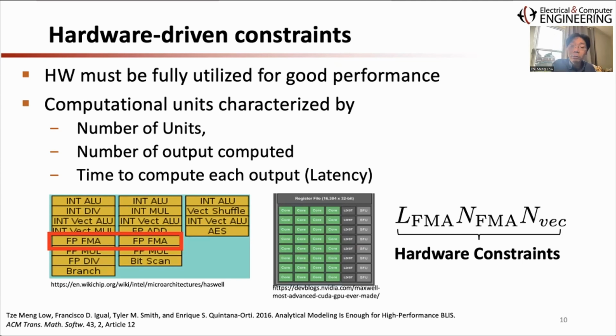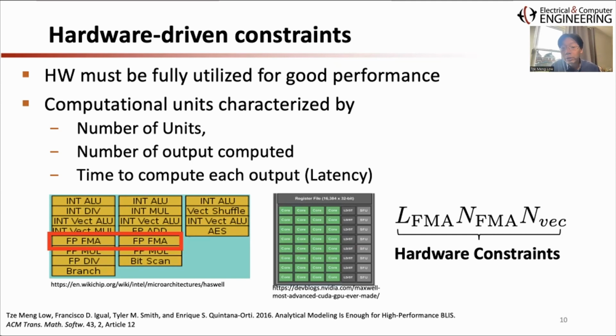So if you're on a CPU, you may have maybe 2 functional units. We may have SIMD units with a particular latency. You multiply them out, they give you a particular value that represents how many independent instructions, outputs, need to be computed.